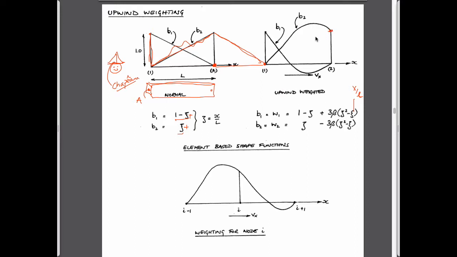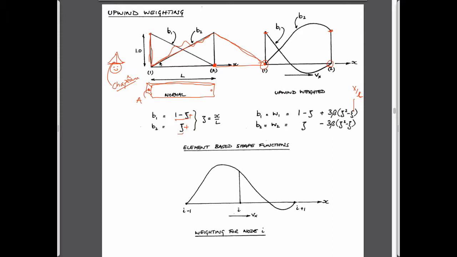So this height is still 1, this height is still 1, this intersect here is still 0, and this intersect here is still 0 as well. But in between, it gives a different weighting. And you'll see that these two shape functions are just, not reciprocal, I guess the negative of each other.